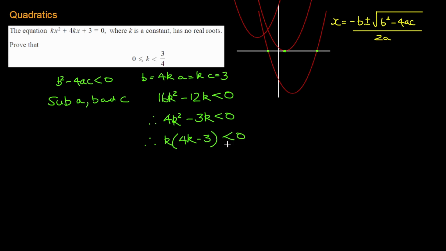Now, I know a lot of students get confused at this point, but you need to examine what you are asking here. You're saying, when is this curve less than 0? Let me explain. I've got no idea whether this curve is correctly positioned on the axis, but it will do. And I know it's a U-shaped curve because the 4 in front of the k squared is positive.